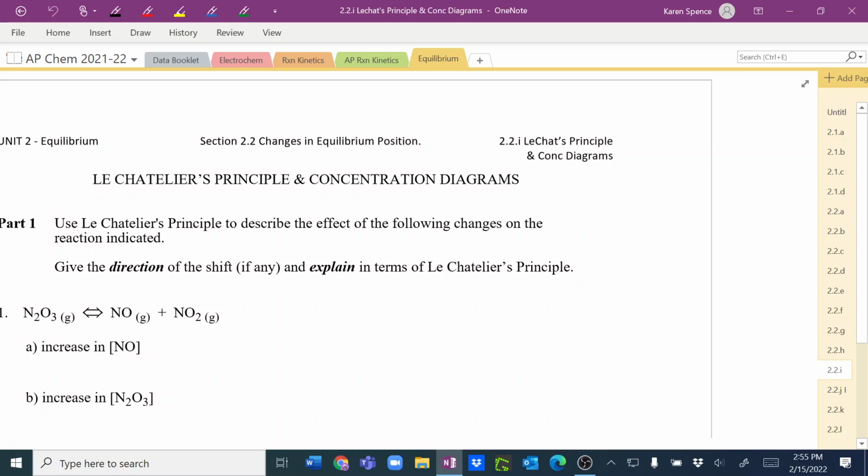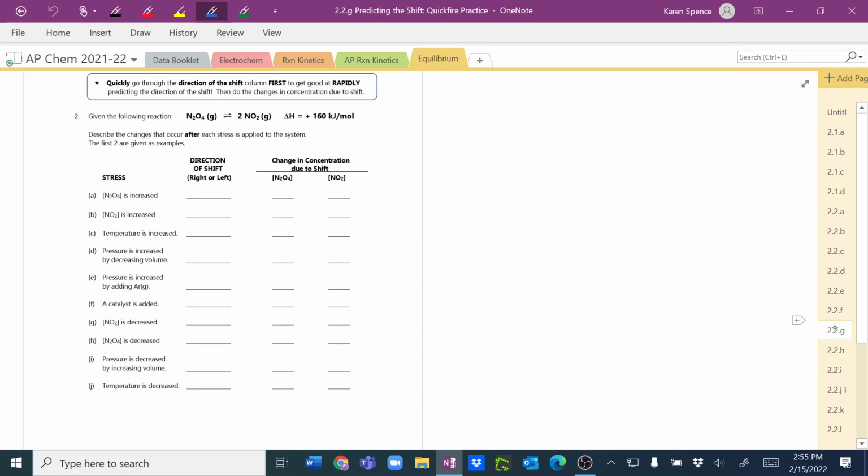Okay, so this is all on the quiz on Friday. The homework is 2.2D and 2.2G, numbers 1 and 2.